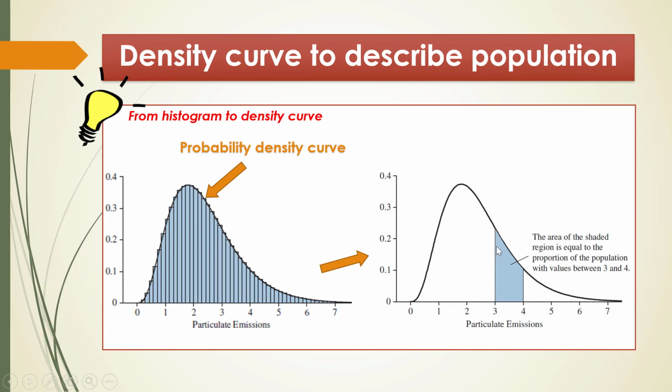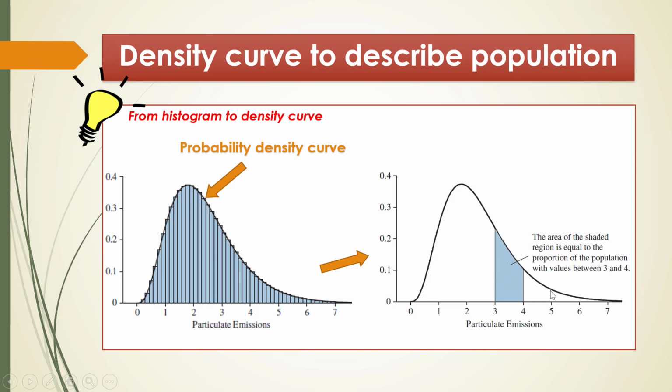Let's say this curve goes from 0 to more than 7. If we want to find the proportion of the population between two values, we basically shade the area between the two values under the curve.